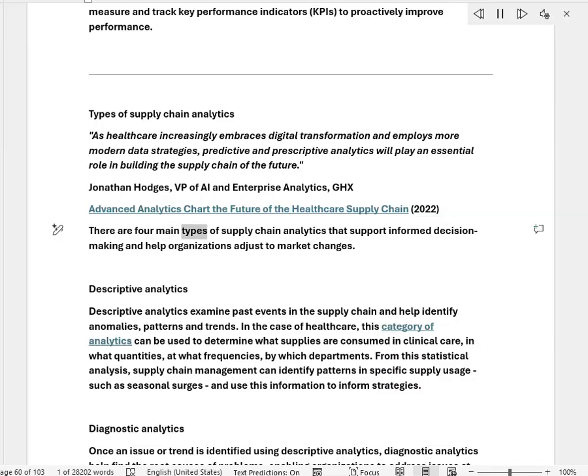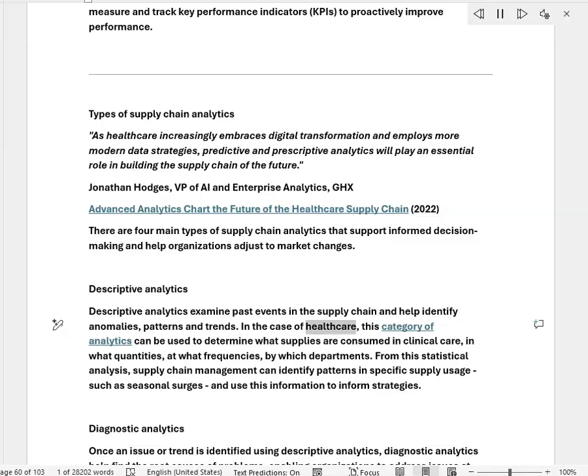There are four main types of supply chain analytics that support informed decision-making and help organizations adjust to market changes. Descriptive analytics. Descriptive analytics examine past events in the supply chain and help identify anomalies, patterns, and trends.